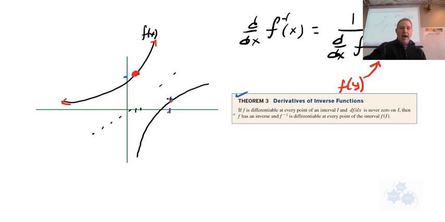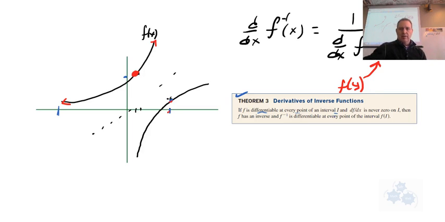Okay, if f, now this is f of x right here, this black line, if f is differentiable at every point on an interval I, so let's say an interval I from here to here, or really anywhere. It's differentiable really.